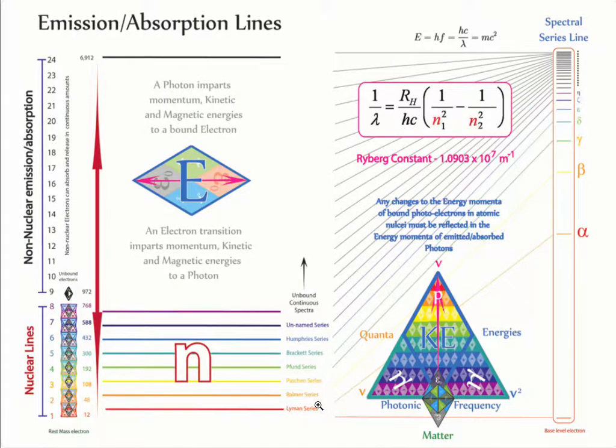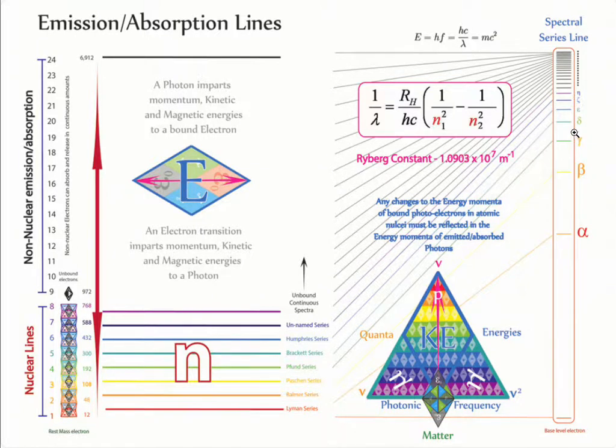We can draw this in yet another way, simply as the spectral series themselves against the n energy levels of the bound electrons. Again, this illustration shows that once you increase the energy level past N8, you have a free electron with continuous spectra, as opposed to the discrete spectra of the n energy levels within atomic nuclei.